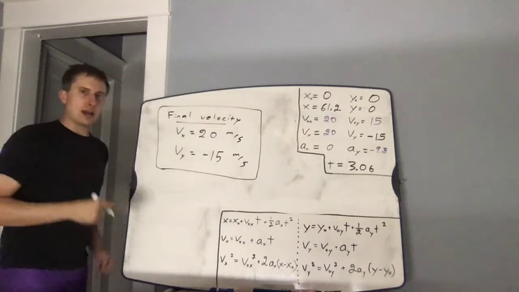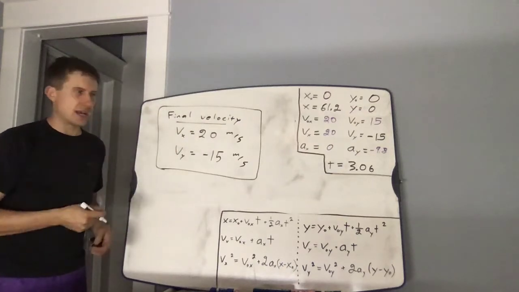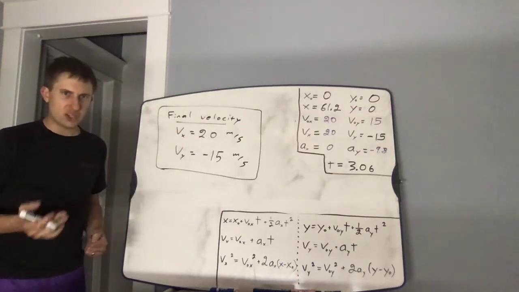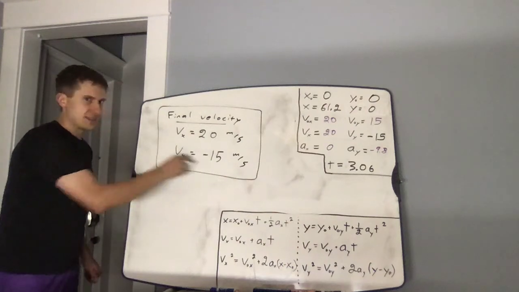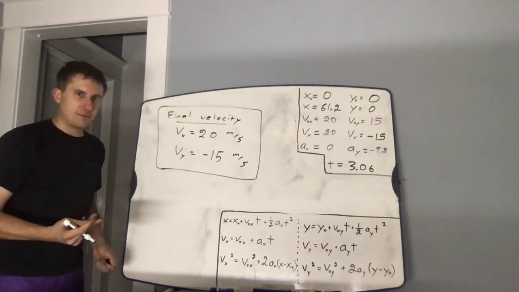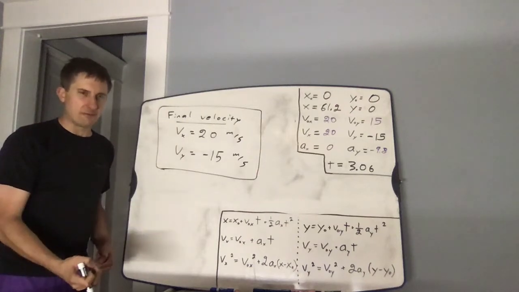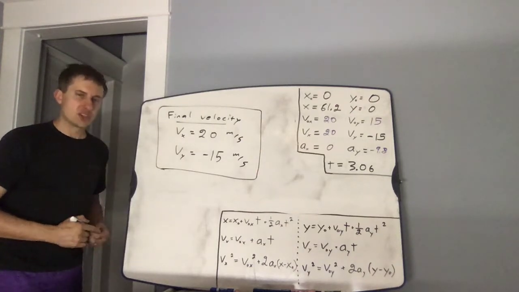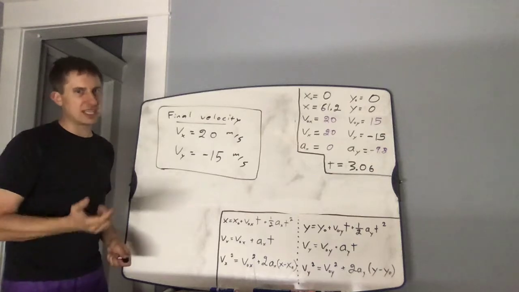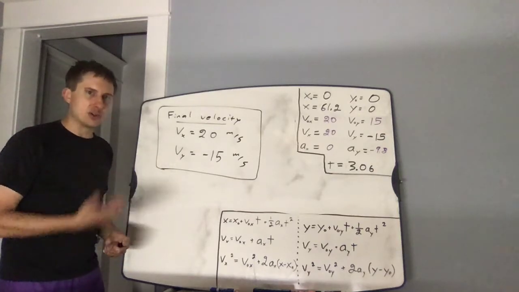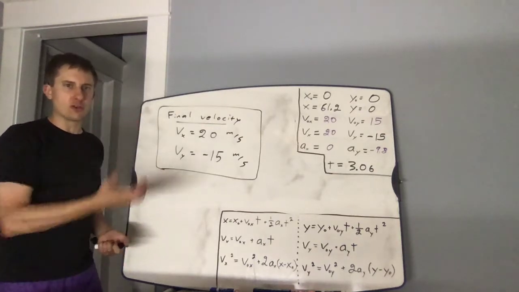So at this point, I want to make a couple comments on things we've done. First of all, this negative sign is important. A positive y velocity implies you're moving upward, a negative y velocity implies you're moving downward. So if you were to say 15, that would imply the ball is moving upward when it lands.